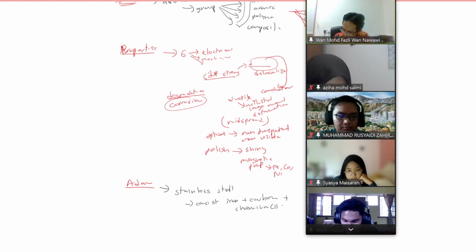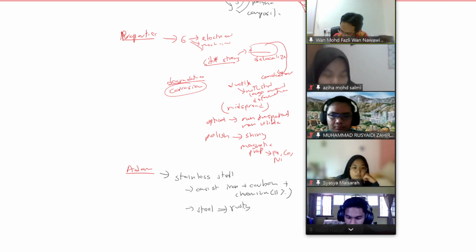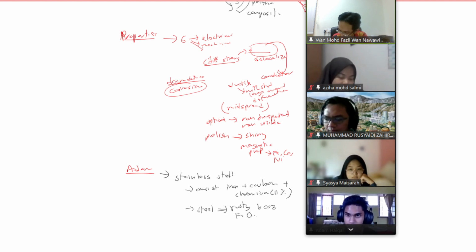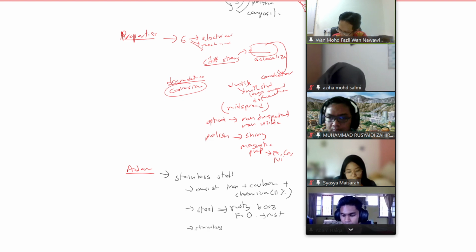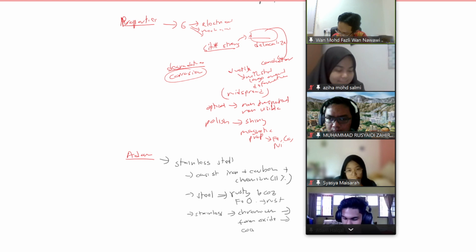The difference between stainless steel and normal steel is that steel can rust, because when it oxidizes with oxygen in the atmosphere, we can see the rust. But stainless steel consists of chromium, and the chromium will form an oxide by oxidation, a thin layer on the steel, so that it can avoid further oxidation of the steel by oxygen.